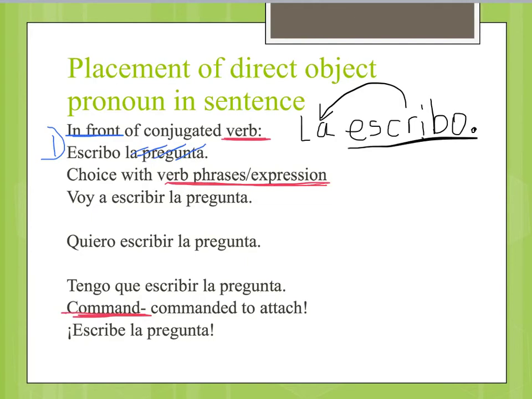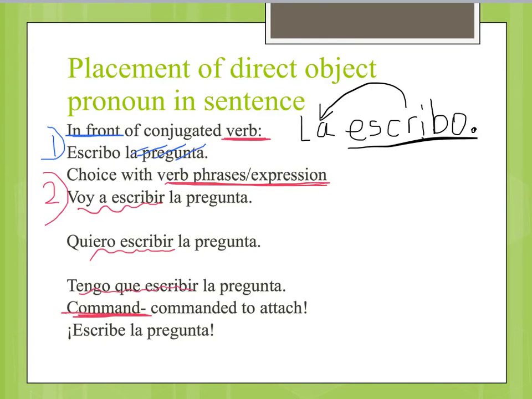Okay? If you're working with a more complicated verb phrase, so rule number 2 talks about what happens if in my sentence I have something like this, voy a escribir, or the verb phrase quiero escribir, or tengo que escribir. You can see that there's an infinitive with a conjugated verb in front.